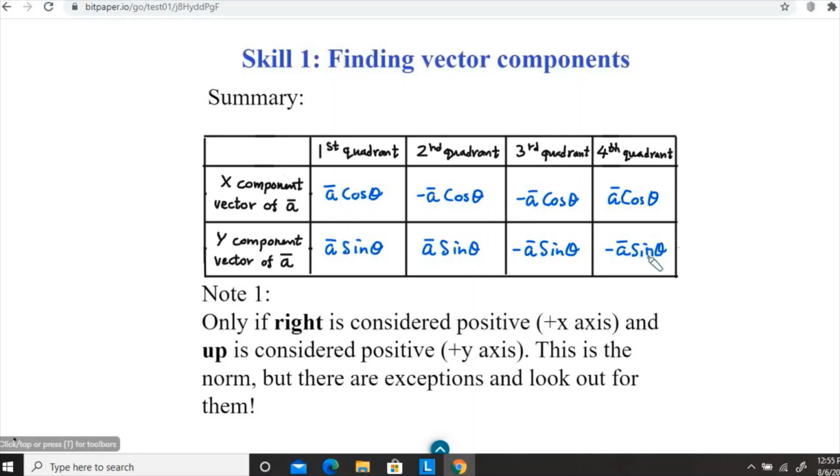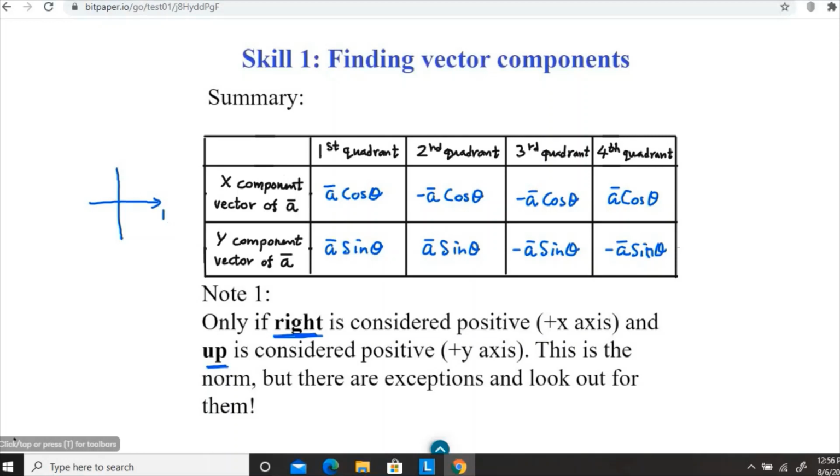This table is a good way to remember those things, but I want to caution that there are some exceptions to this. For example, note that this is valid if the right hand side is considered positive and the upward direction is considered positive. To begin with, that's what we did with the xy coordinate system. You had the y-axis and the x-axis.